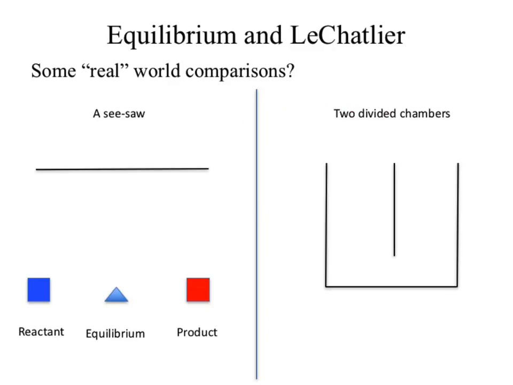We've got a couple real-world, potentially real-world examples that we could look at here. How many people have seen a seesaw before? Okay, it's becoming less and less common. Apparently they're so dangerous you're not allowed to have them on playgrounds anymore. Yeah. Let's draw out the example here.